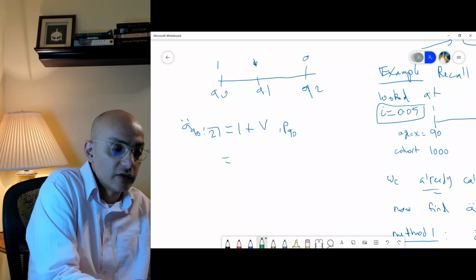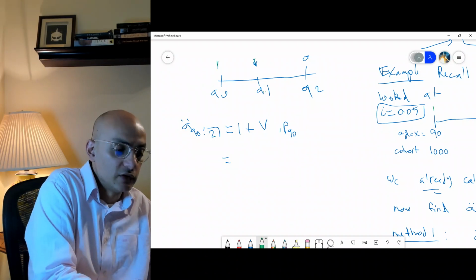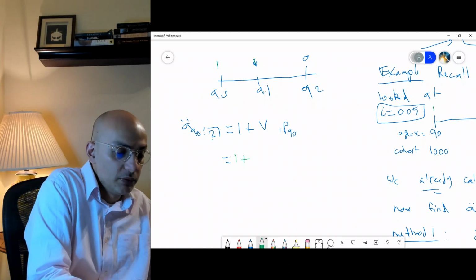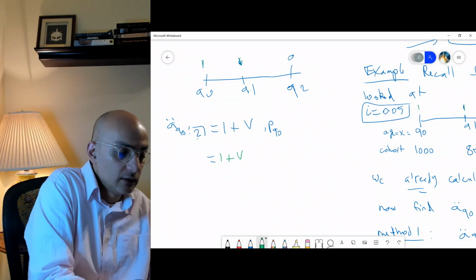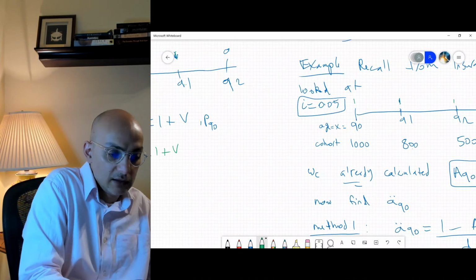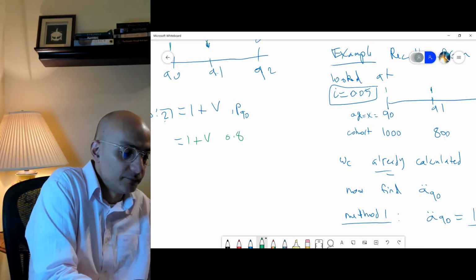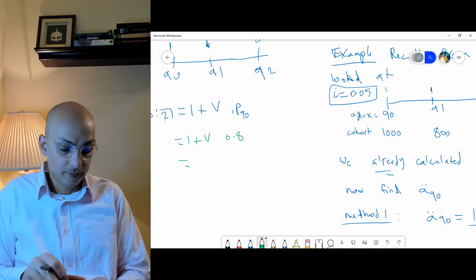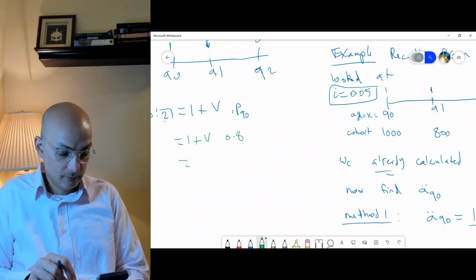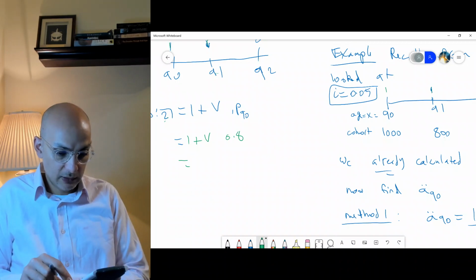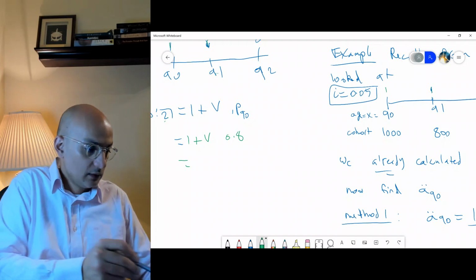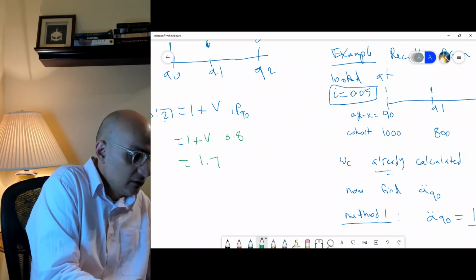Or you get the first dollar and the second dollar, because you need to do it for 2 terms. And this one plus P90. What's P90? 800 divided by 1000 to survive to here, to get the 0.8. Here 0.8 divided by 105, we add 1 to it, is 1.762.